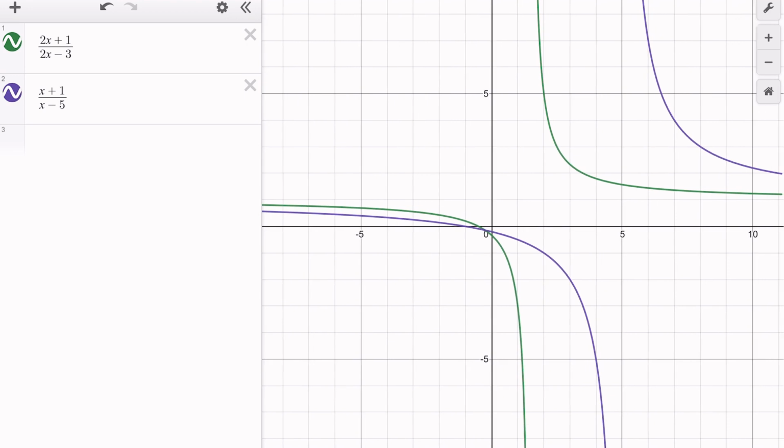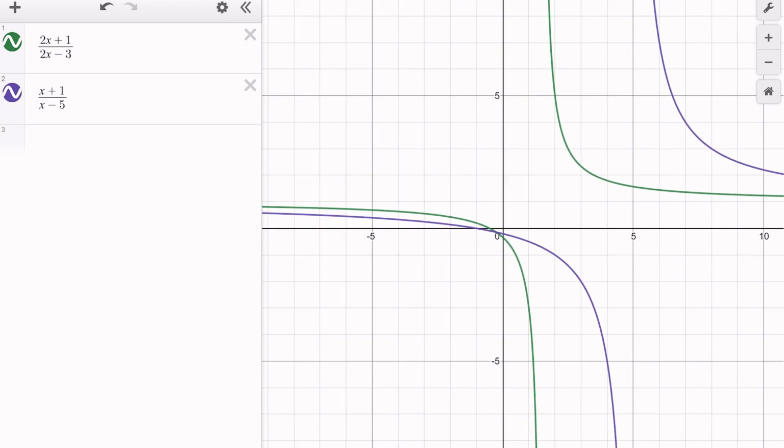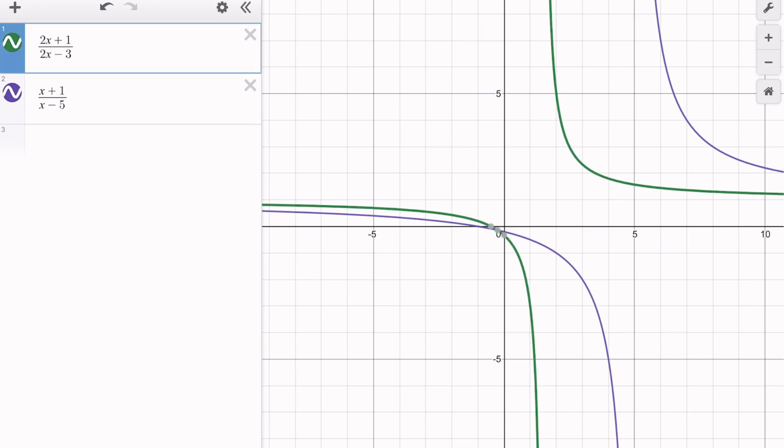So if we take a look at when this is true, when is it greater than? So notice here, it's greater than up until which point? Up until -0.5, which is one of our critical numbers.